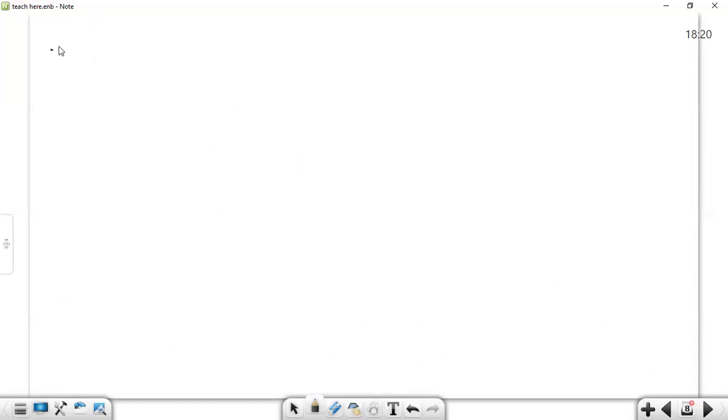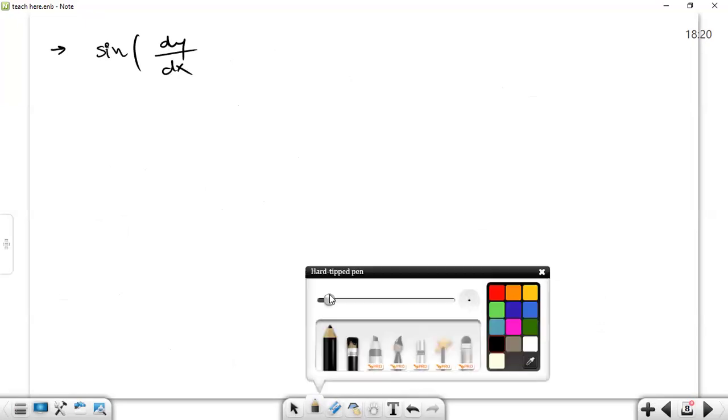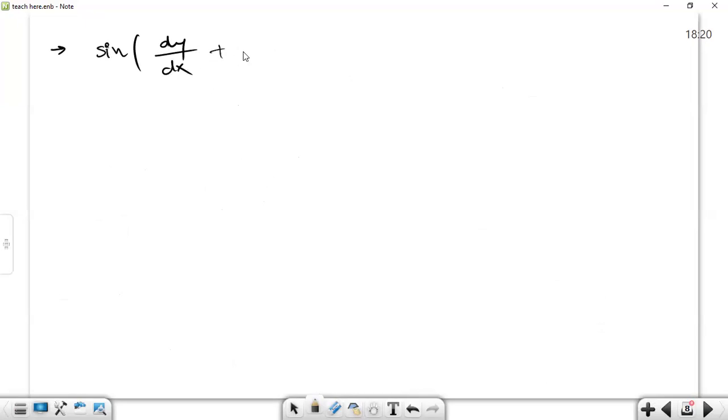Taking more examples, sine of dy/dx plus d²y/dx² is equal to y. So now here also there is a radical attached to our derivatives, but we can try to separate it.